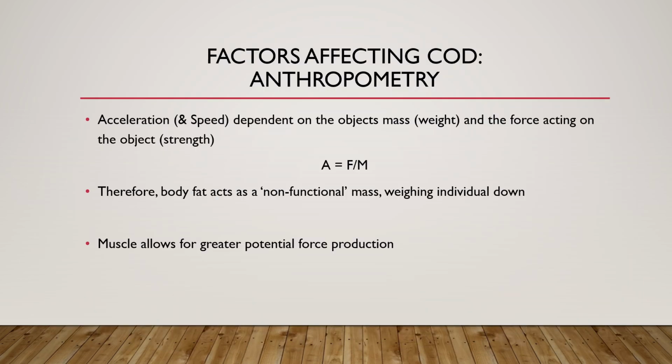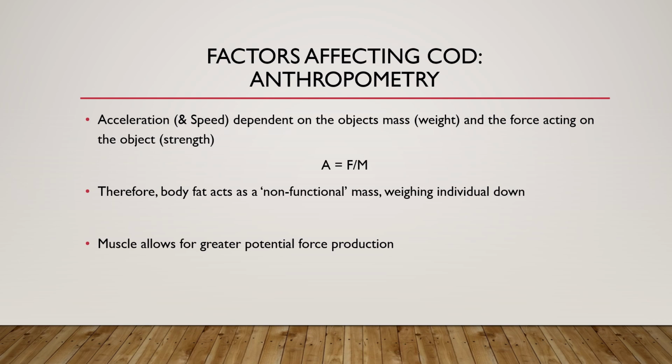Now, there's a number of factors that can influence someone's ability to change direction, and one of those factors is anthropometry. So we think that the acceleration of an object is dependent on its mass and the actual force acting on that object. We can think of excess body fat, for example, as being non-functional mass.